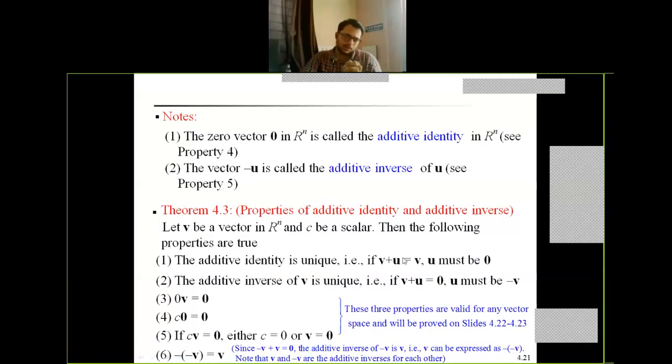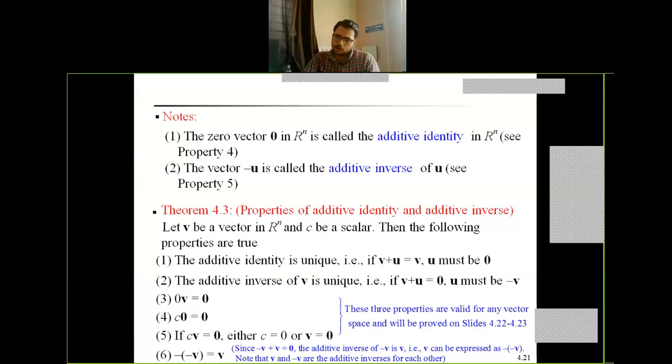So the next part will obviously be the notes, meaning we have to take note of these from these two examples. The zero vector 0 in Rn is called the additive identity. I will be explaining additive identity and additive inverse in a few minutes, okay.